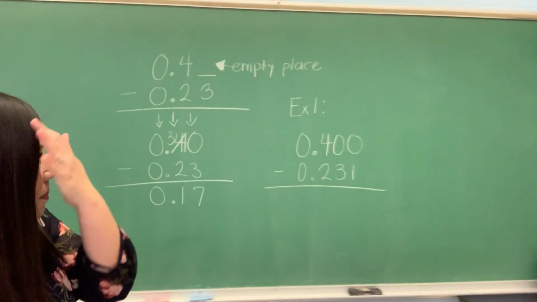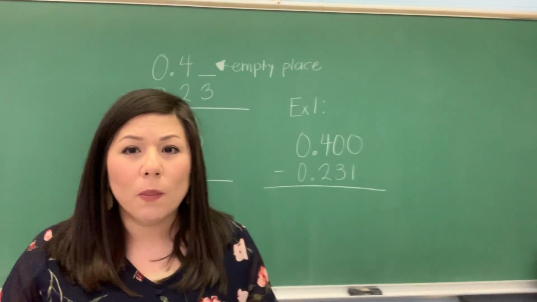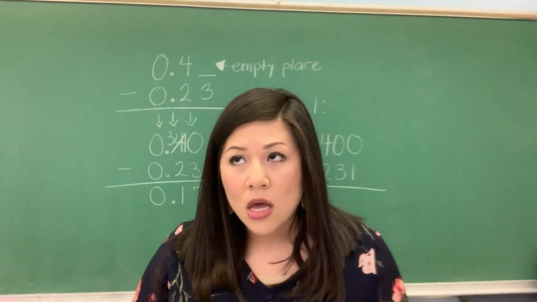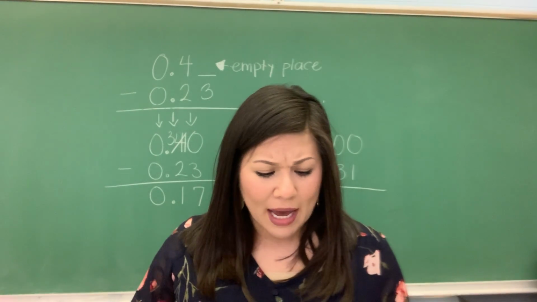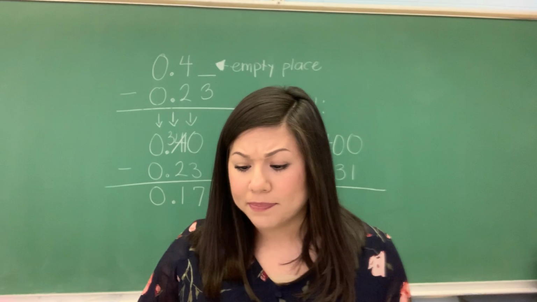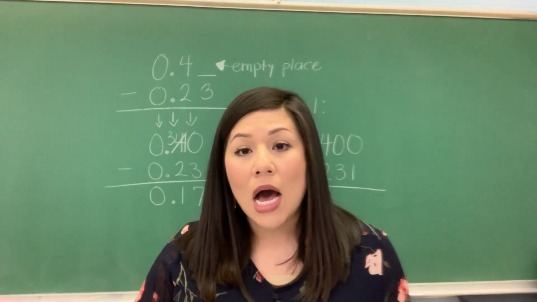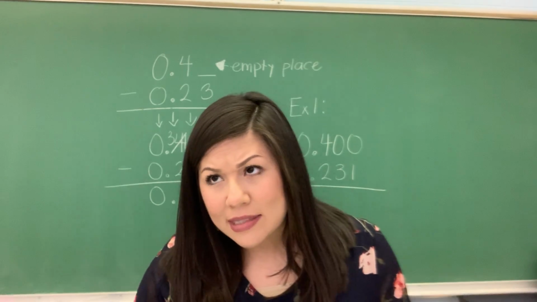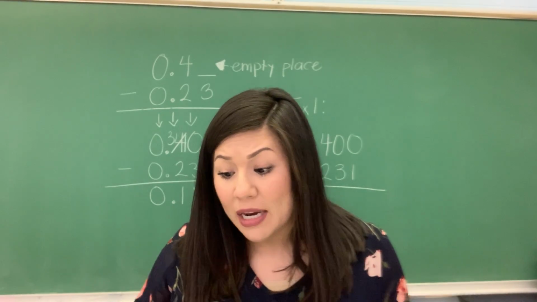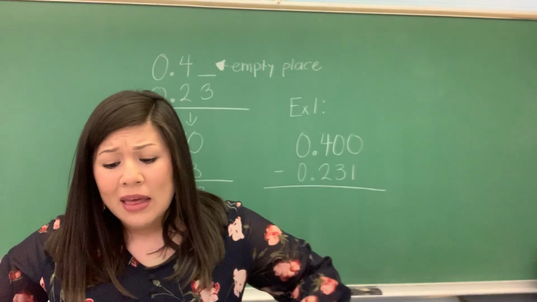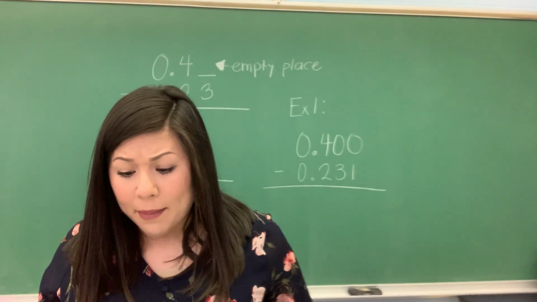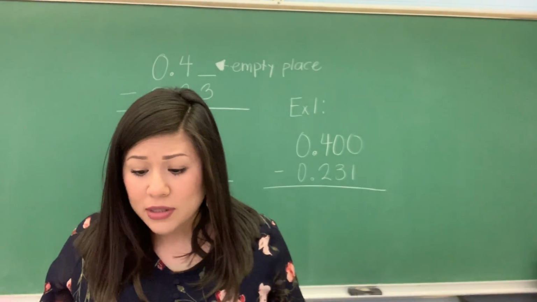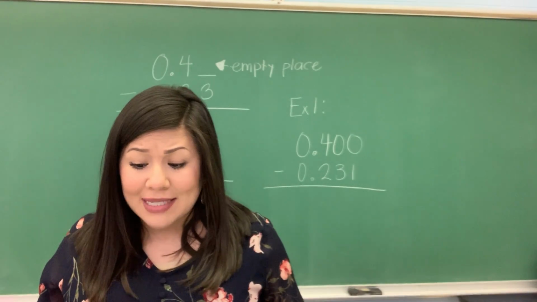Remember, we learned how to simplify decimals a couple of lessons back, earlier this week. You can simplify decimals by dropping unnecessary zeros, and dropping unnecessary zeros keeps the values of numbers exactly the same.